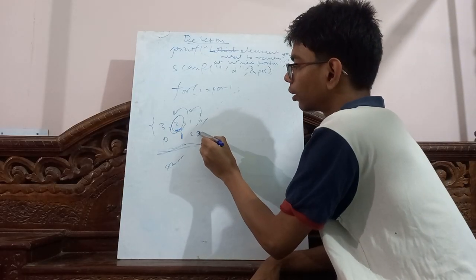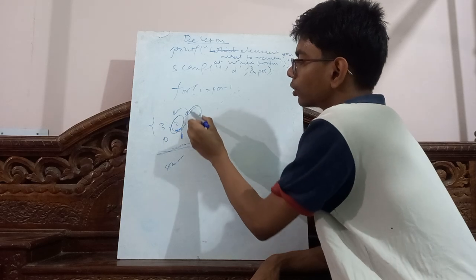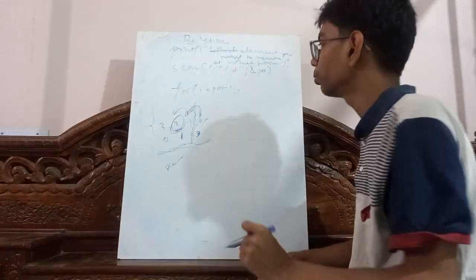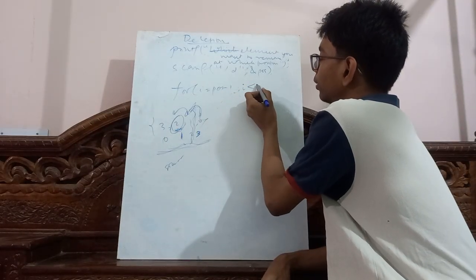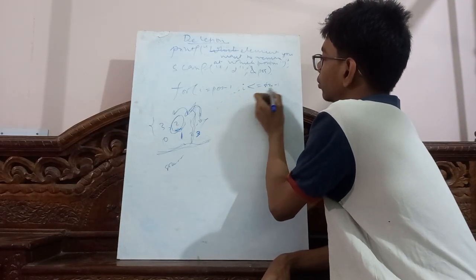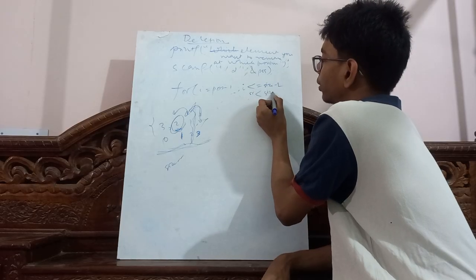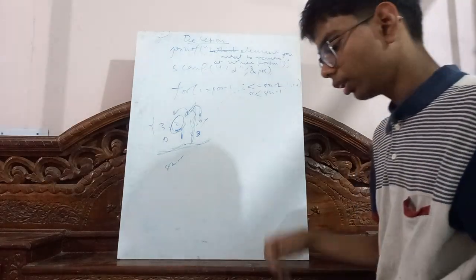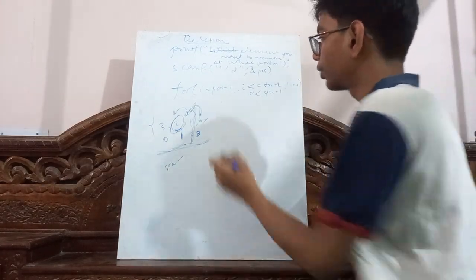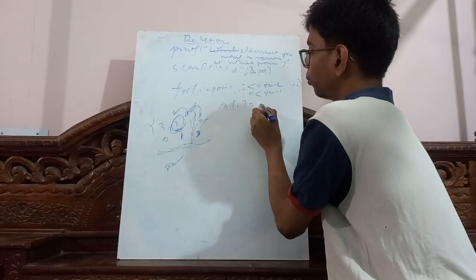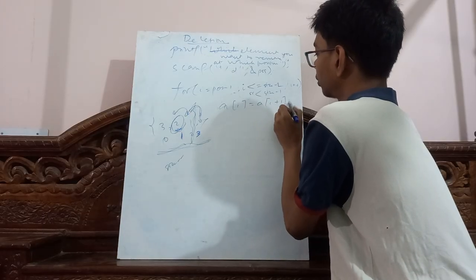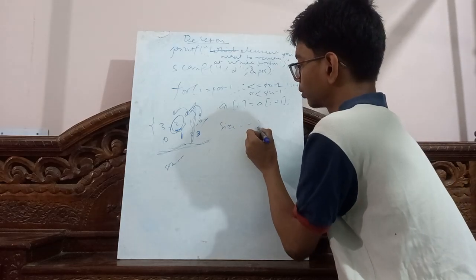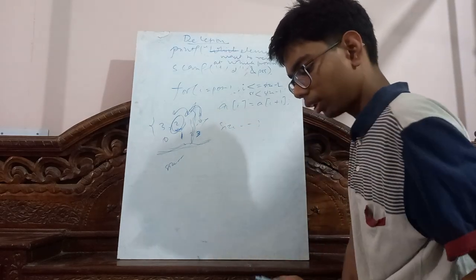This element I have to shift here, so I only have to worry about up to index size minus 2. So index less than or equal to size minus 2, or less than size minus 1, and i plus plus, right? Then I will simply write a of i is equal to a of i plus 1, and then size minus minus.